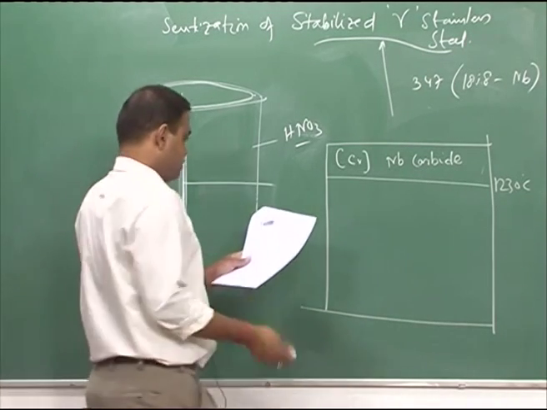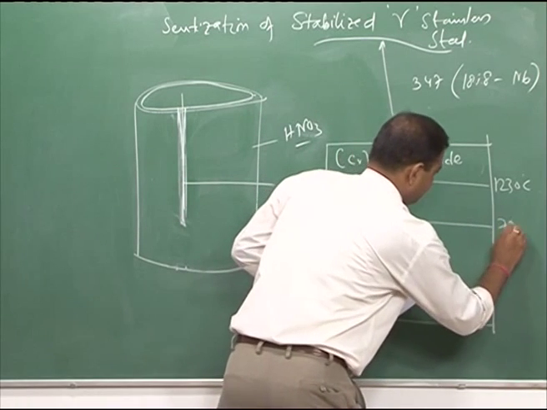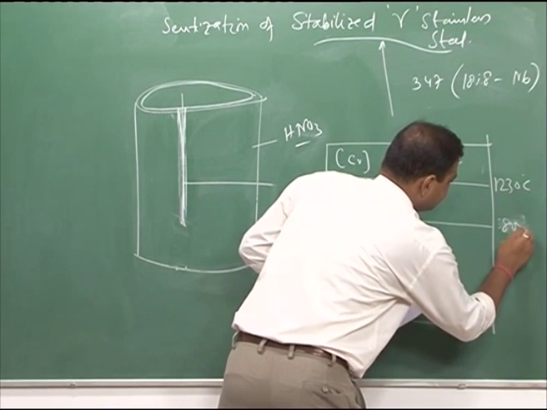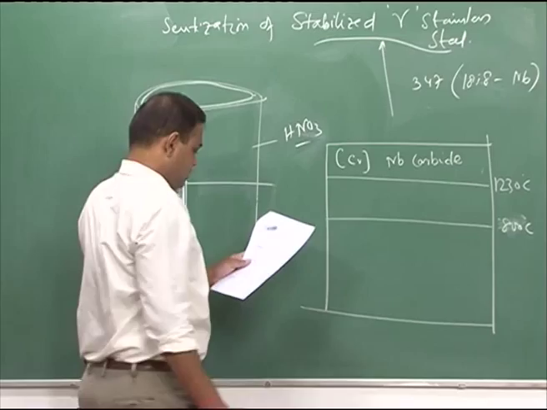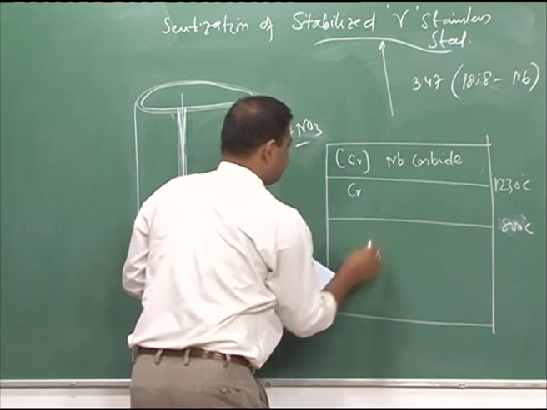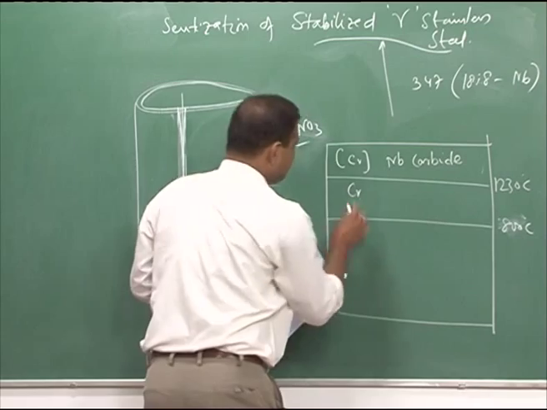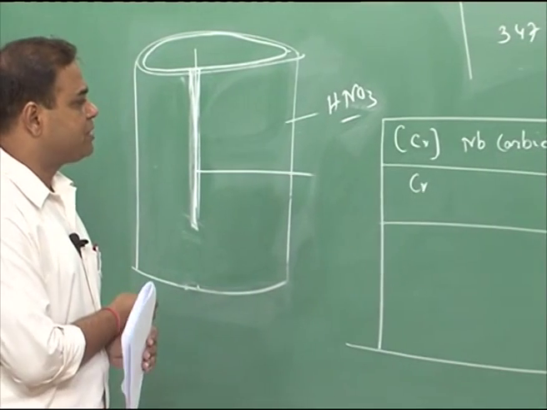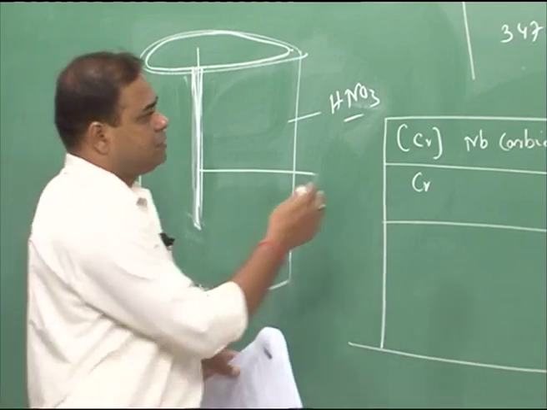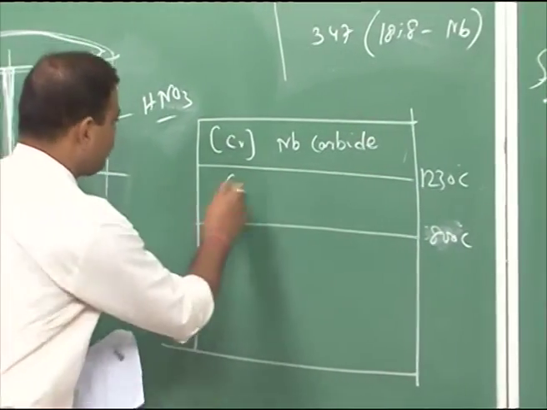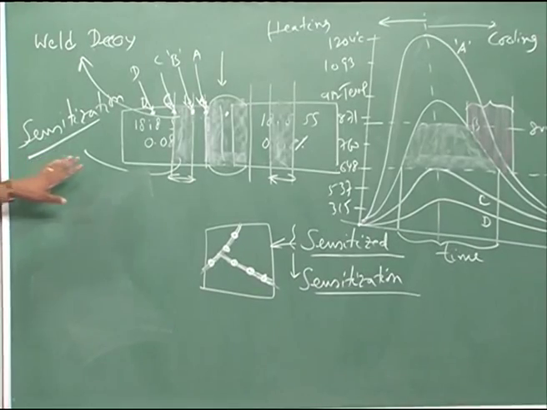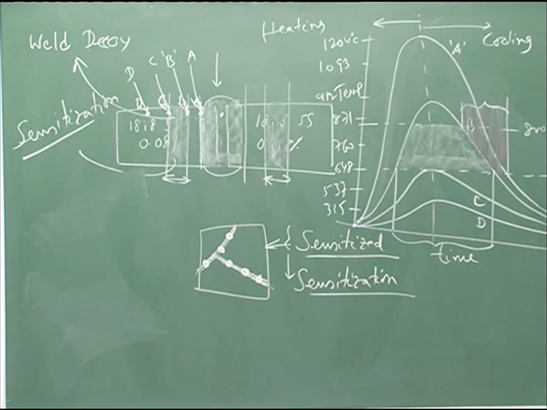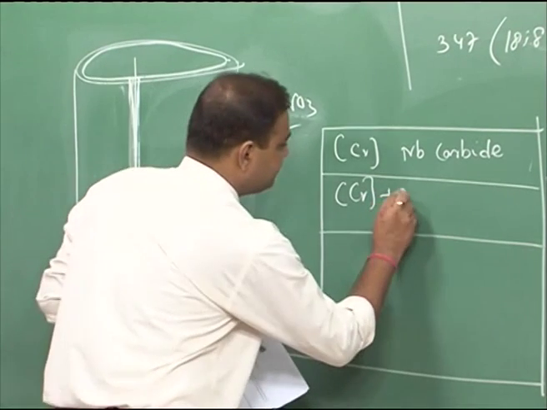Now, if you come to 790 or let us say 800 degrees Celsius, in this zone we can have a situation where there is chromium carbide in the system. Chromium still remains in solution, or even if the sensitized steel is heated to a high temperature beyond 800 degrees Celsius, the chromium carbide can dissolve.